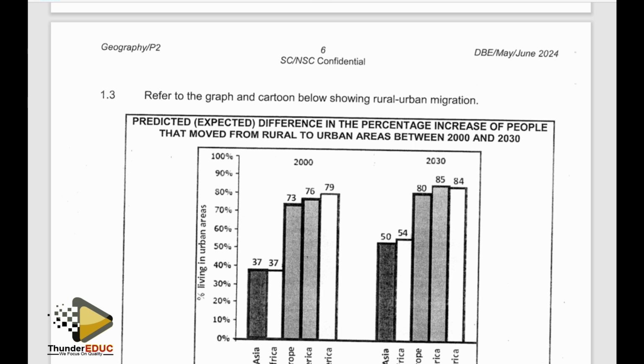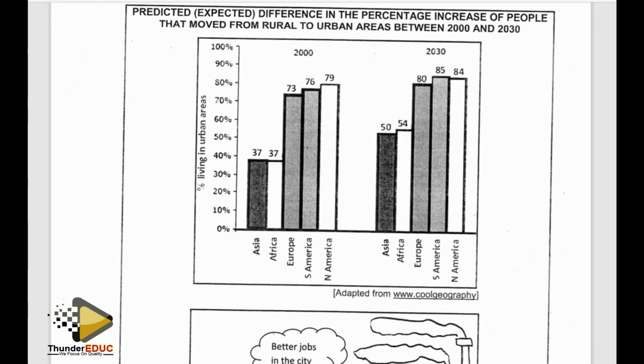So we have these different continents for 2000, and the very same continents for 2030. On our vertical axis, we have percentage living in urban areas, which means we are expressing the population as a percentage of the people who are staying in urban areas as a fraction of the total people in that particular continent.